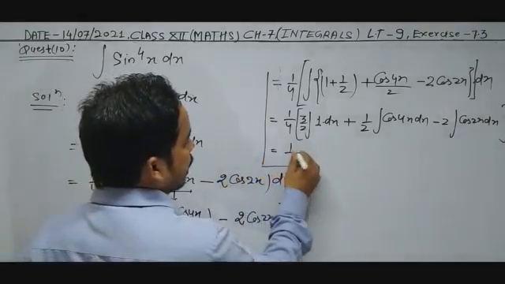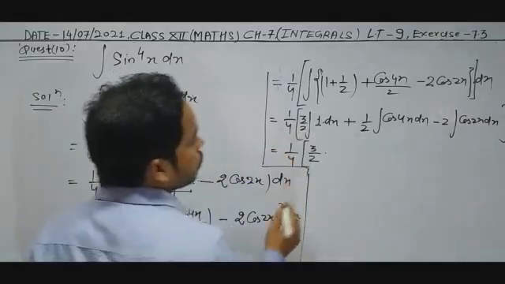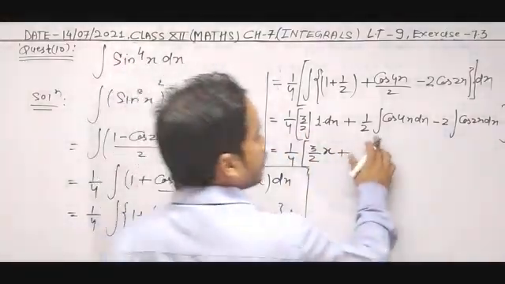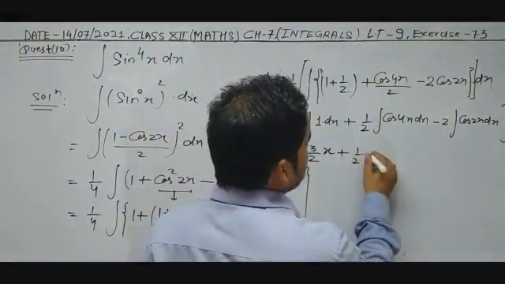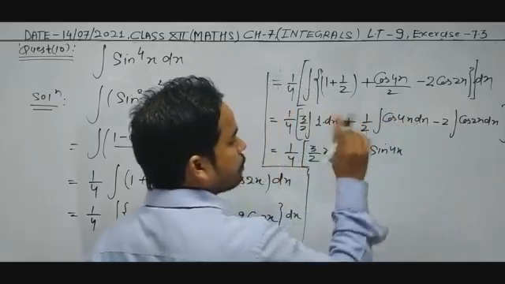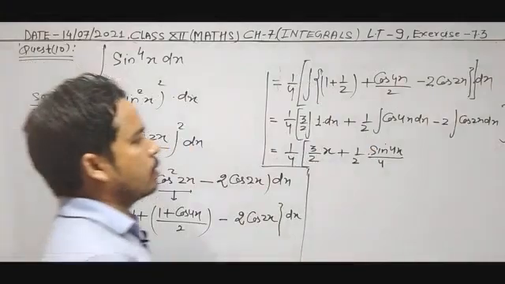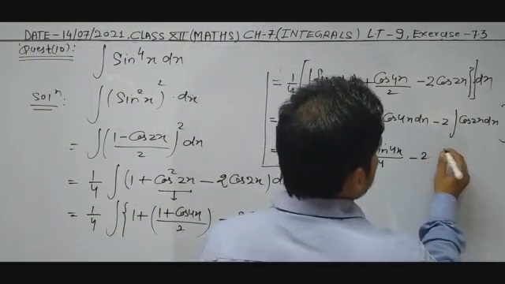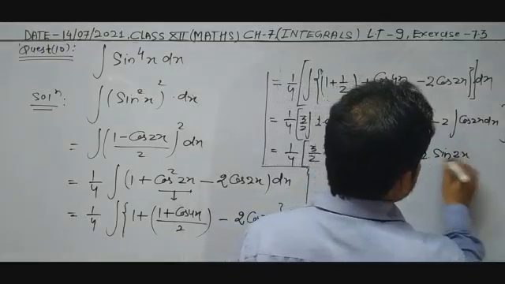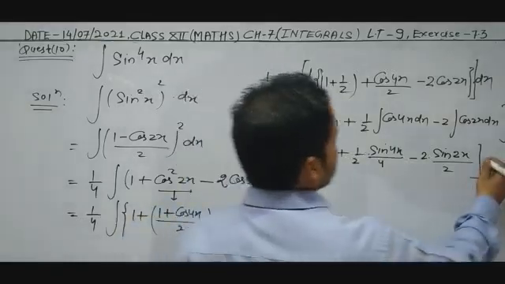So now you can integrate. 1 by 4 in bracket 3 by 2, 1 dx is x, plus integration of cos 4x, that is sin 4x, and for 4x the differentiation is 4, its reciprocal will be 1 by 4, minus 2 times, similar process, integration of cos 2x is sin 2x by 2, now plus c.